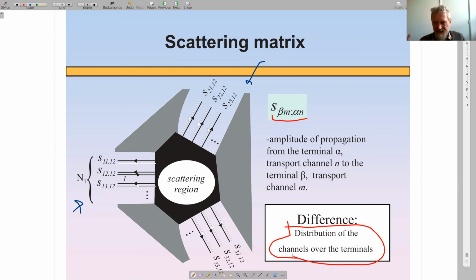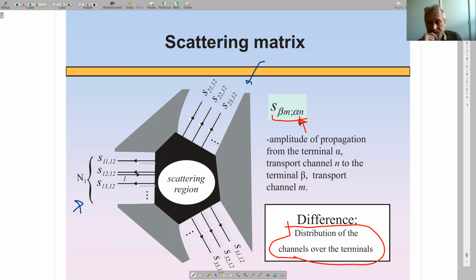Each channel has a kind of parent terminal. That's why it's better to index the modes, the incoming waves, with two indices. A Greek index for the time being would mean a terminal, and there's a certain number of transport channels labeled with a Latin index in each terminal.